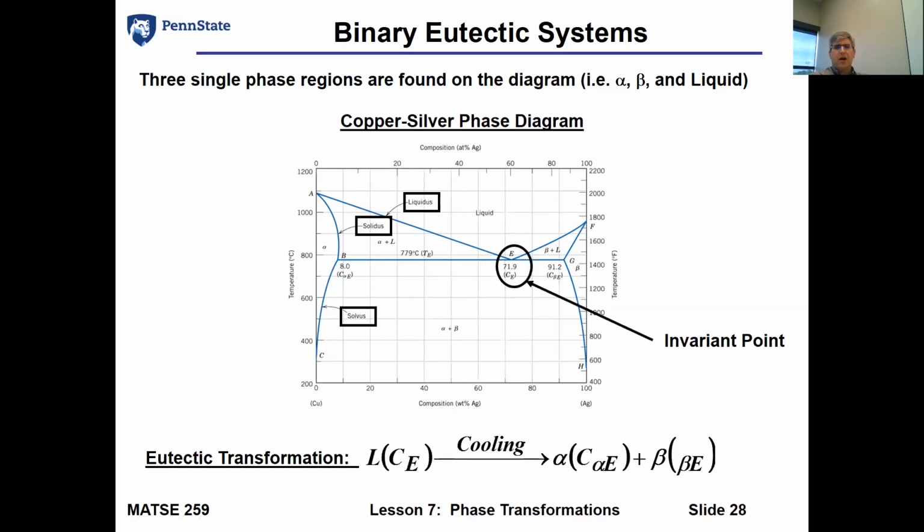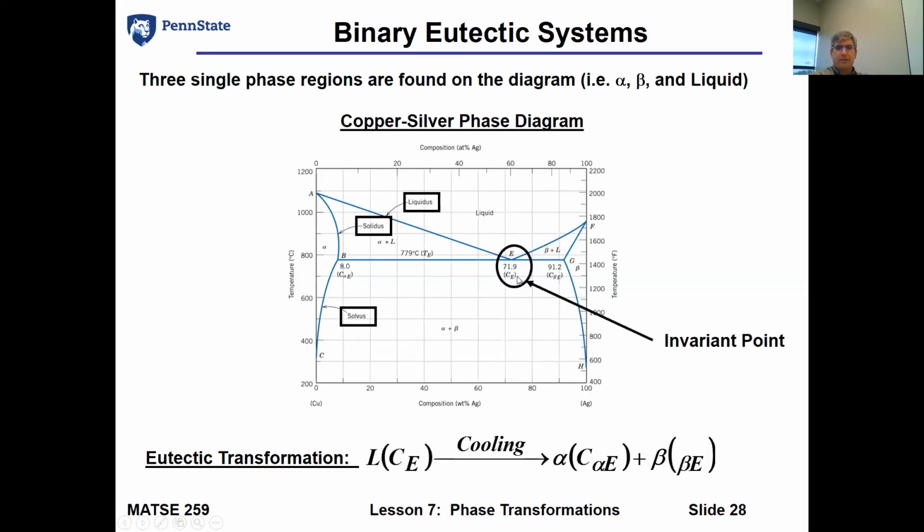And in this case, what we see is a eutectic type of transformation. We're going to identify some other transformations as we move forward, but at this eutectic point, at this very specific composition, which fortunately in most cases on phase diagrams people will write down the temperature at which that invariant occurs and the composition.